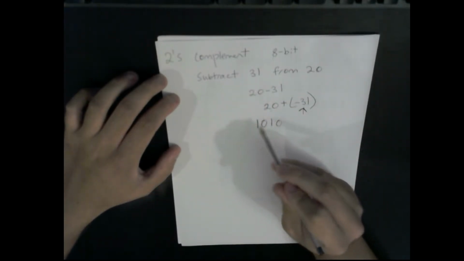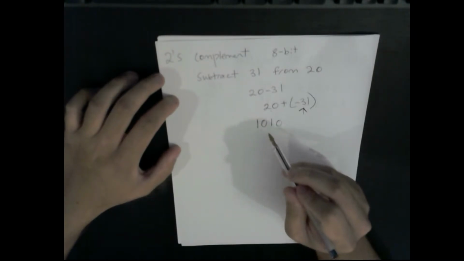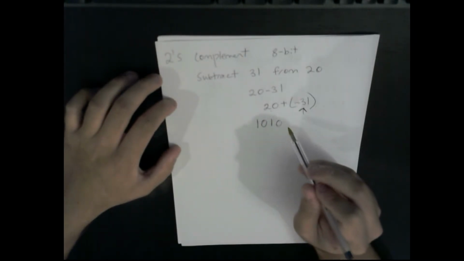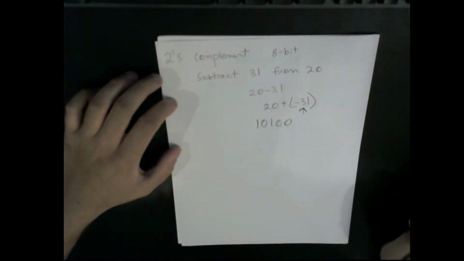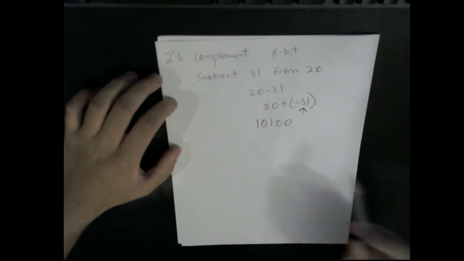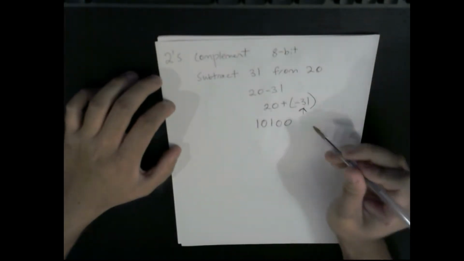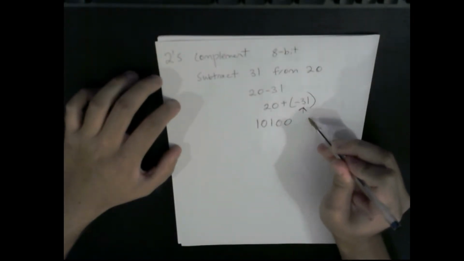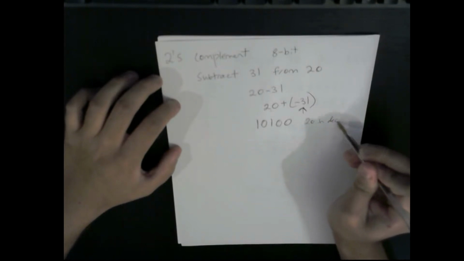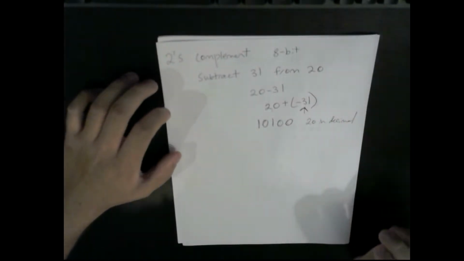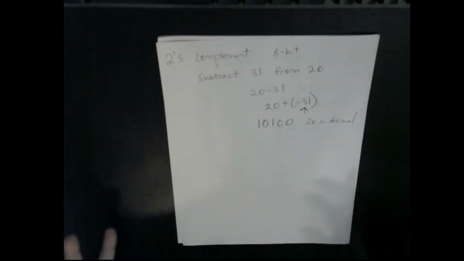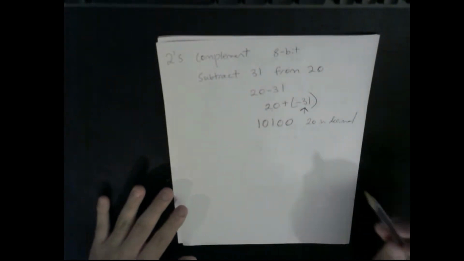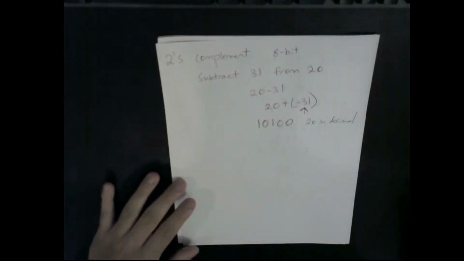So this is 20 in decimal. Right, no surprises so far. And so when we work with 2's complement numbers, the leading zeros will matter in some cases.